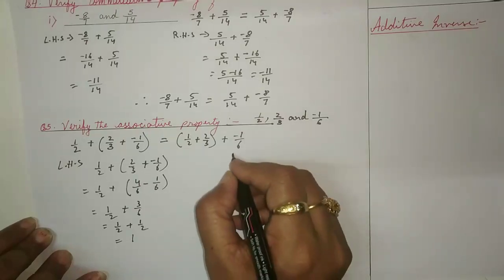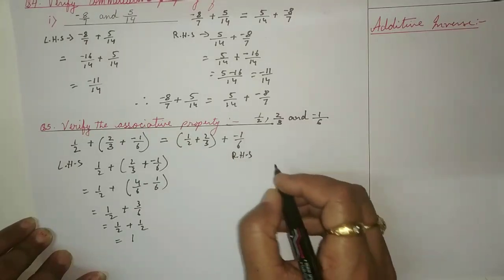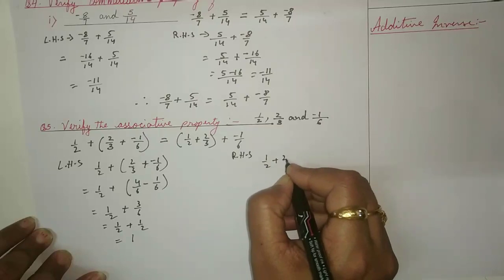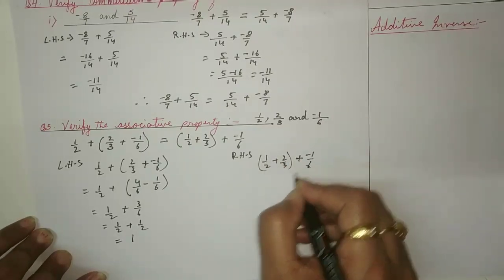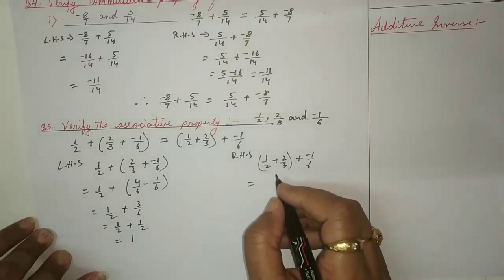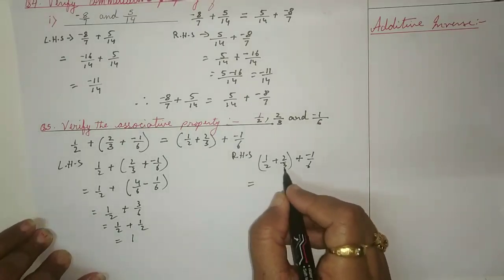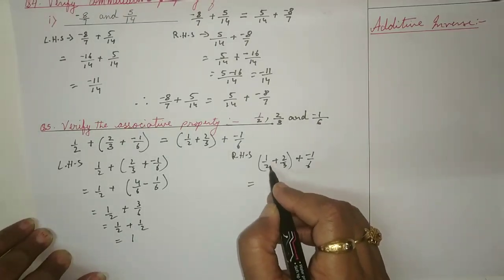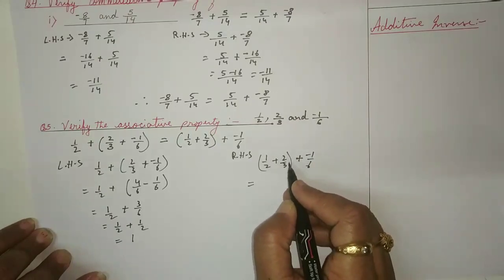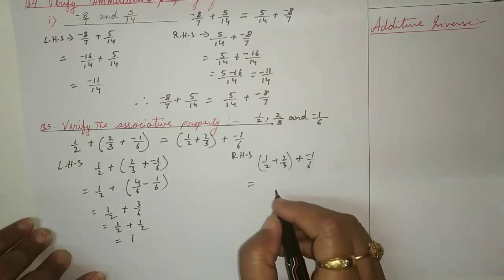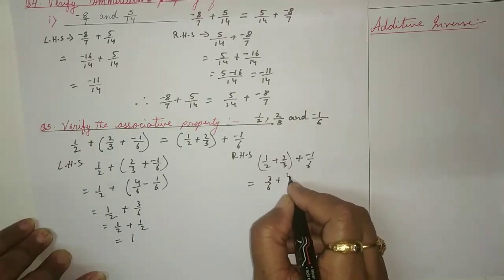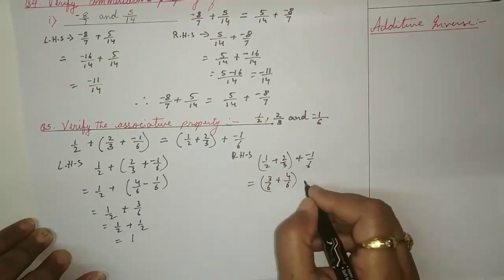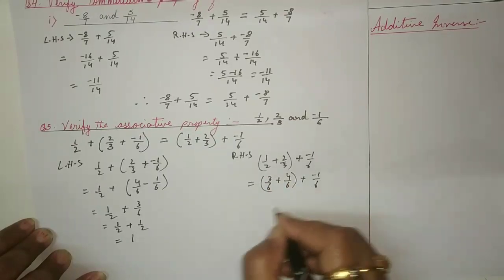Now, if we do the RHS, it is half plus 2 by 3 plus minus 1 by 6 is equal to, since the LCM is 6, 3 needs to be multiplied here and 2 needs to be multiplied here. So you get 3 by 6 plus 4 by 6 plus minus 1 by 6.